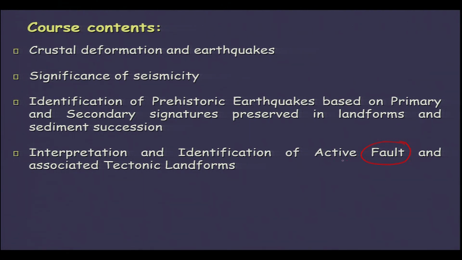So, the different types of faults, and what type of faults one can expect in a particular tectonic environment. Okay.